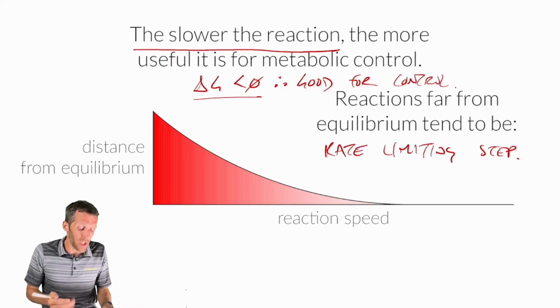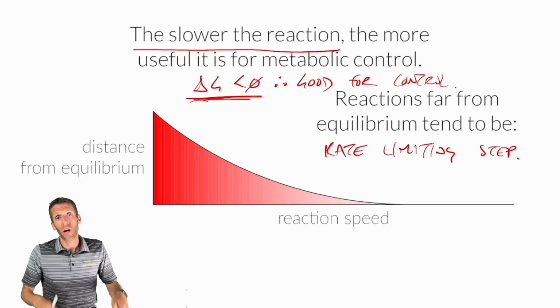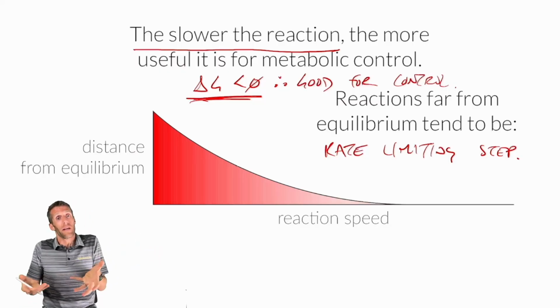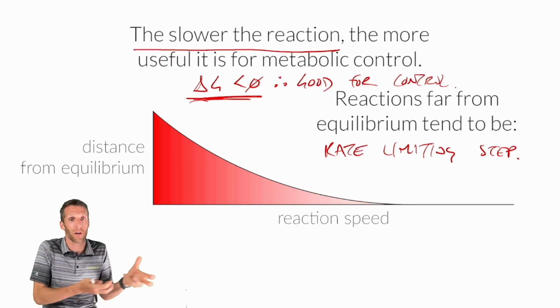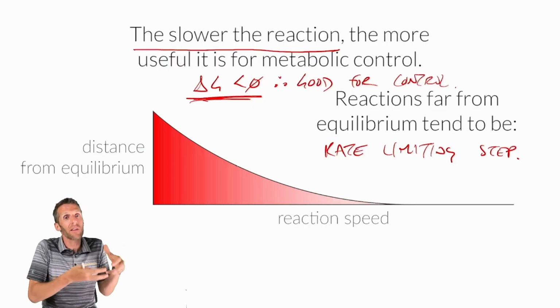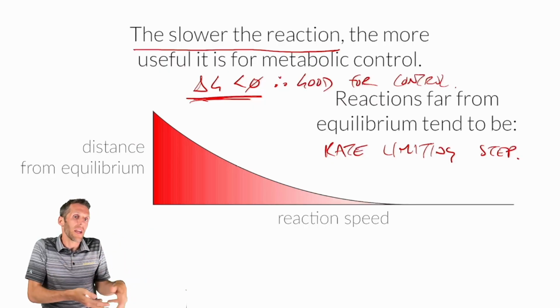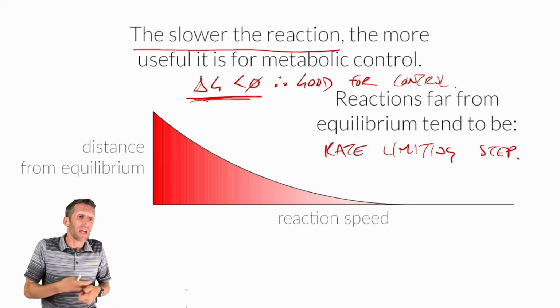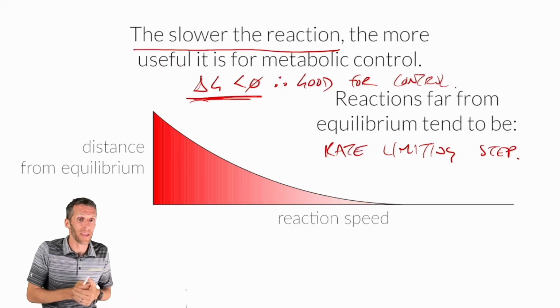And it turns out the reactions where the delta G is less than 0 are in fact the slowest because they're the ones that aren't equilibrating. They're the ones where they've got 3 lanes closed and all the cars are backing up. So a reaction that is slow is a reaction with a delta G that is not 0, that is out of equilibrium. And because of that, that rate is a rate limiting step where you can control the rate of the entire metabolic pathway.